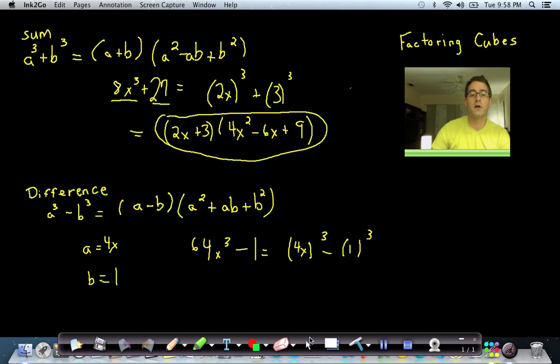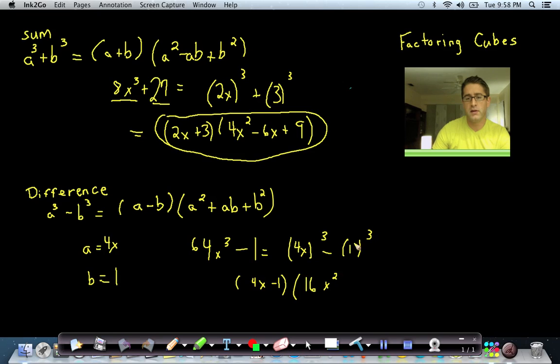Alright, so let's go ahead and follow that pattern. We have a minus b, which is 4x minus 1. Now I need to follow the pattern of a squared plus ab plus b squared. So 4x squared, let's see here, 4x times 4x would be 16x squared.